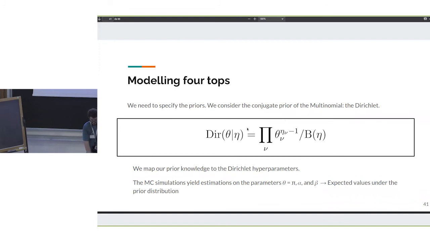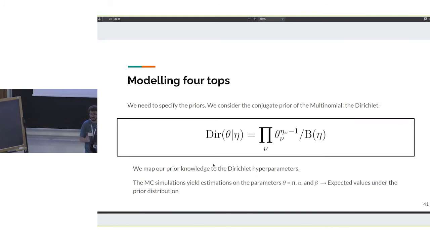So we have a given set of parameters, which is the eta, and the distribution of, in this case, pi, alpha, or beta, given this set of etas, can be parameterized like this, where b is a normalization function, and we want to map our prior knowledge to this set of eta hyperparameters. The idea is that our prior knowledge will be the Monte Carlo distributions, our modeling of these joint distributions.